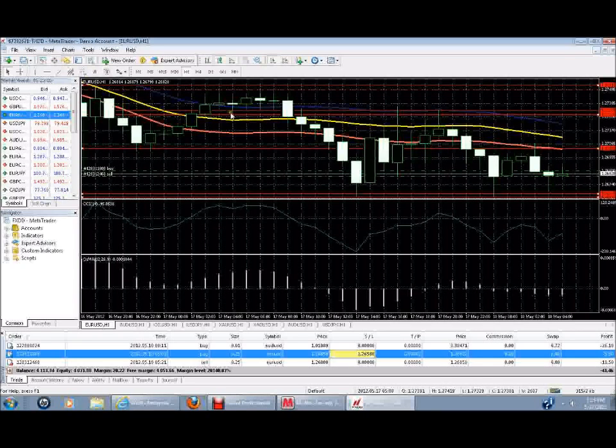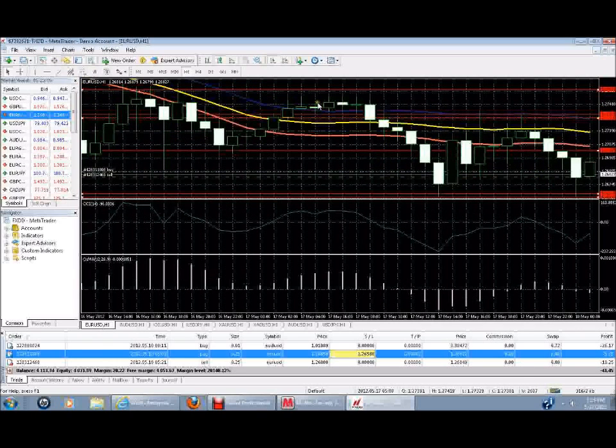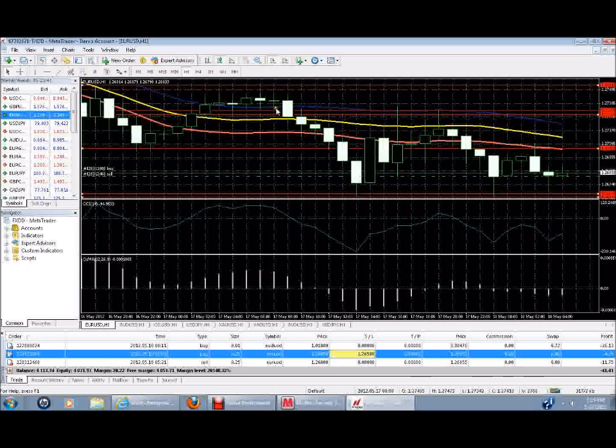Let me give you an example. Here's one. See how it popped up? This right here, area right here. That looks like a sword. This one right here.